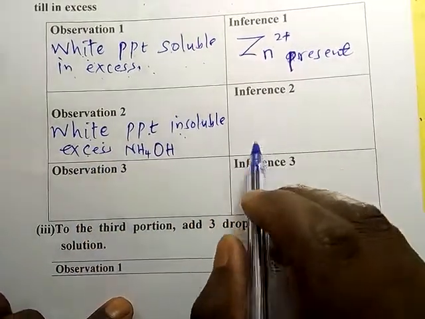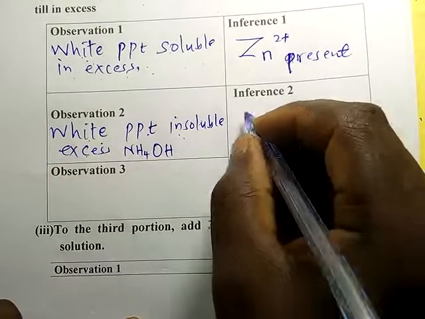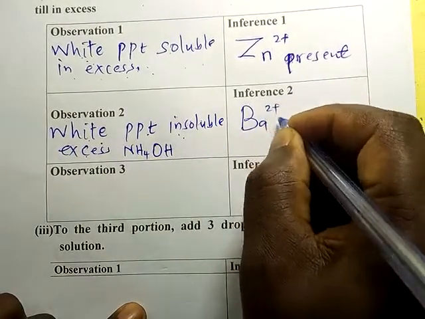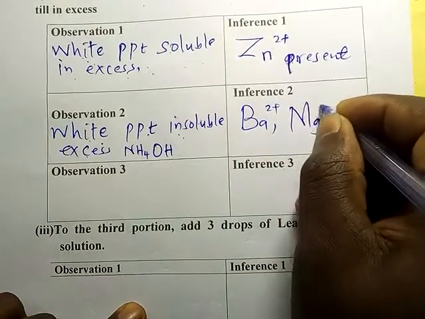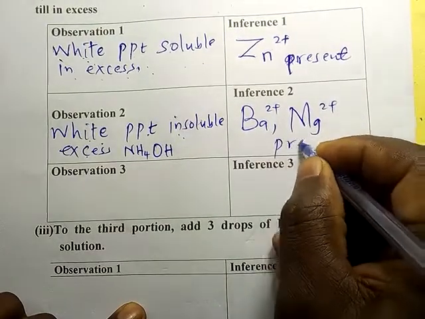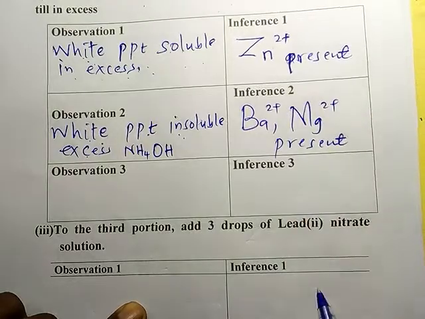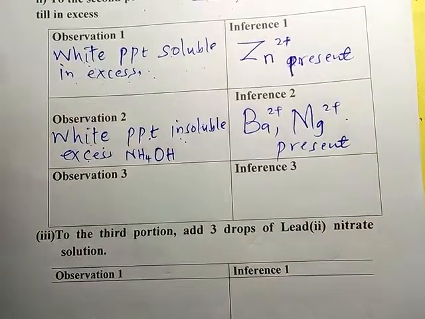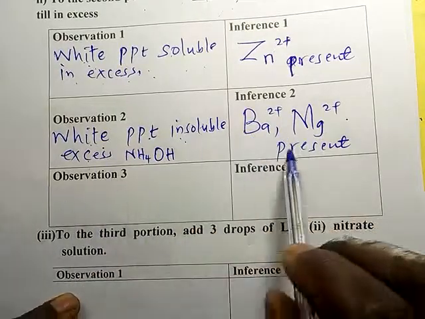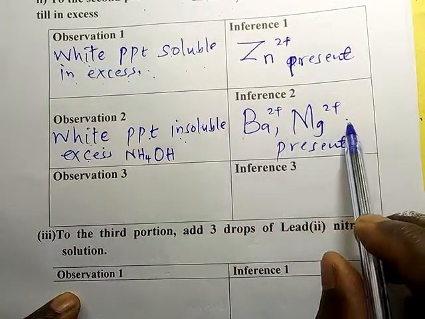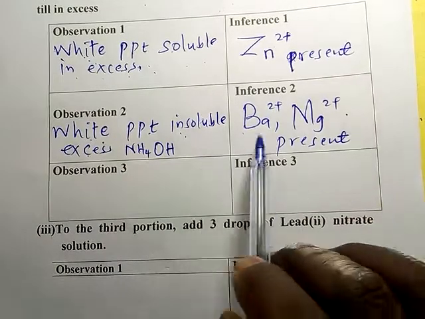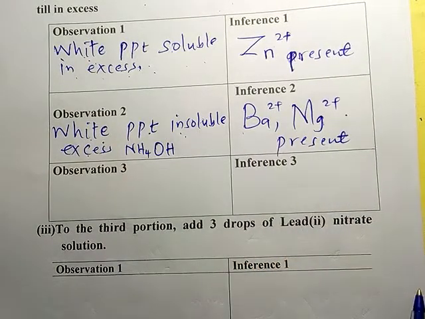So what is the inference? It means that barium 2+ ions and magnesium 2+ ions are present. So I have left out calcium. For sodium hydroxide we were using calcium, but for ammonia I have left out calcium intentionally. State these two and you get your marks.